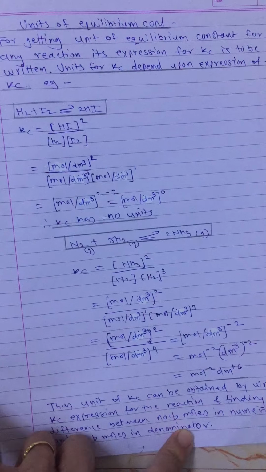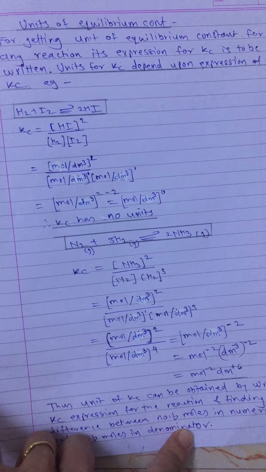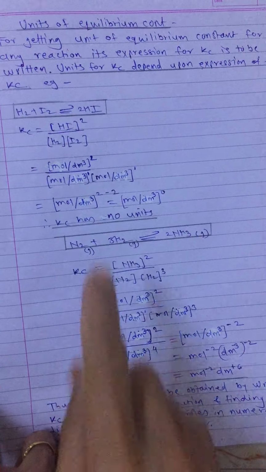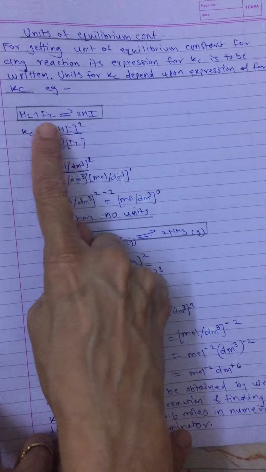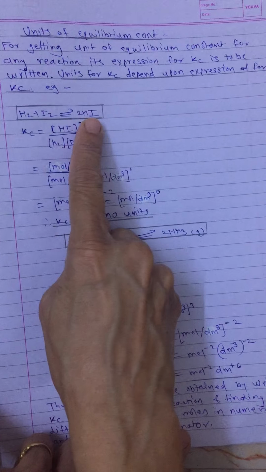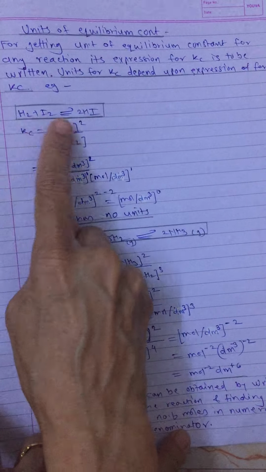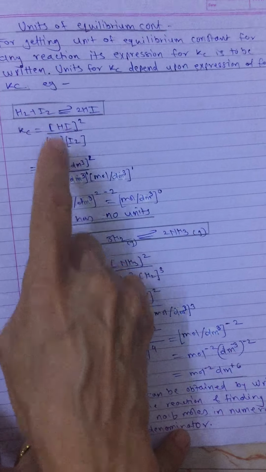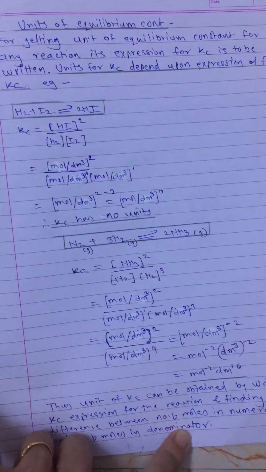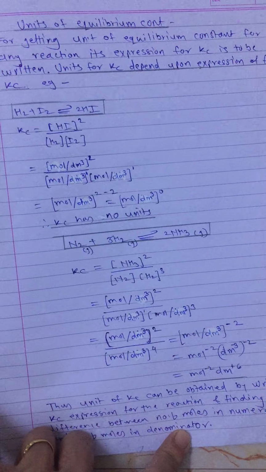For such reactions, where the number of moles of products and reactants are same, see, 2 moles of HI on the right hand side and 2 moles of reactants, 1 plus 1, there is no unit for equilibrium constant.